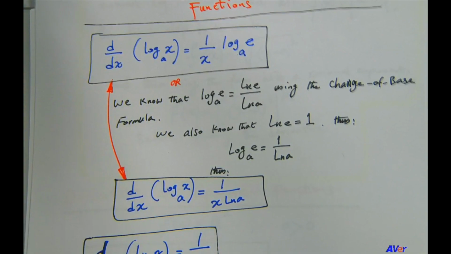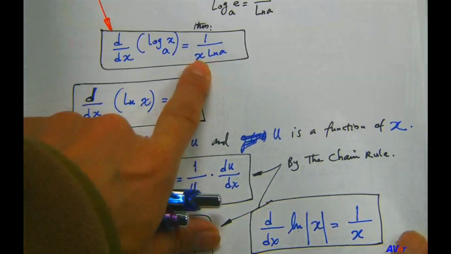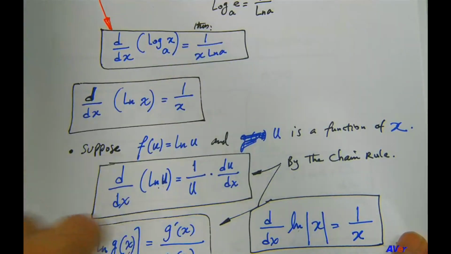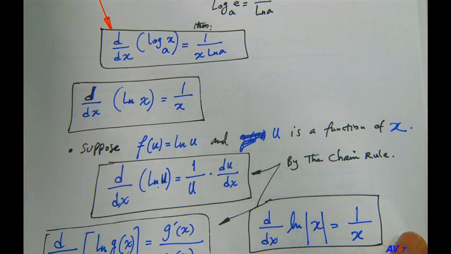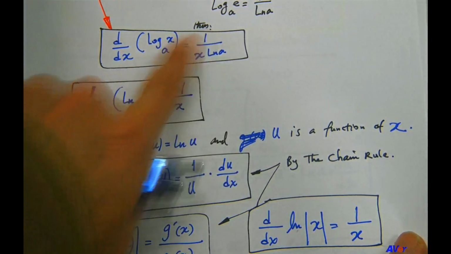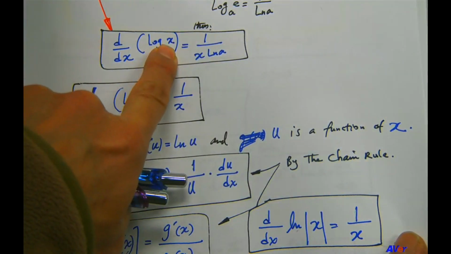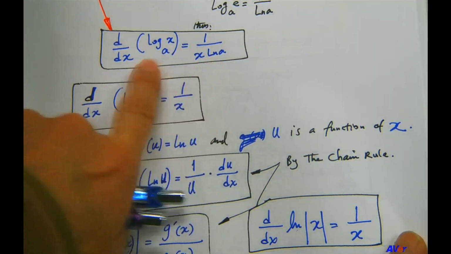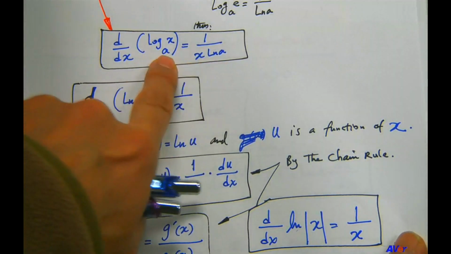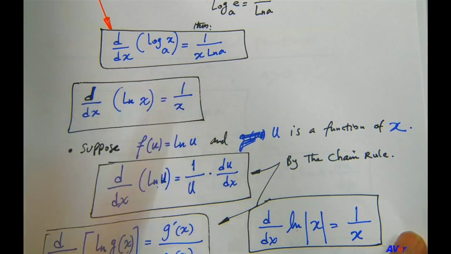I can tell you that the most popular one is this formula, not the other one, using the natural log of A. But sometimes the other one is used too, but this is more popular. So take the reciprocal of that argument, in this case x, and in the denominator we multiply x by natural log of that base.